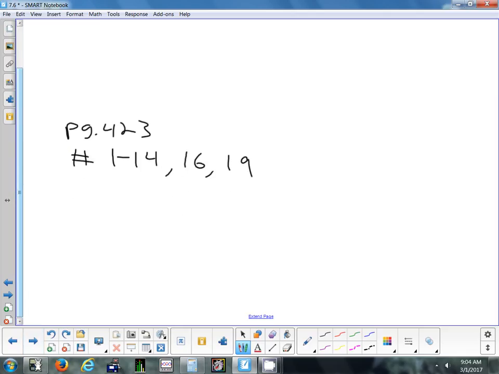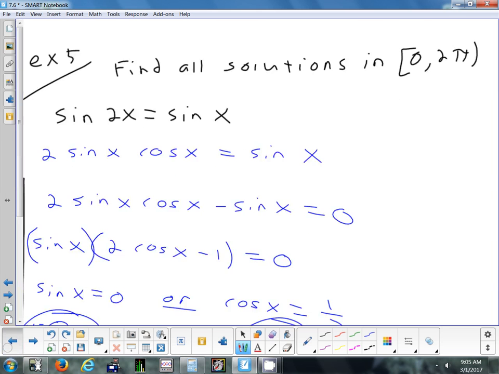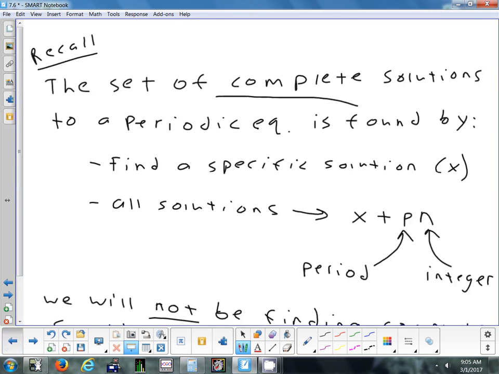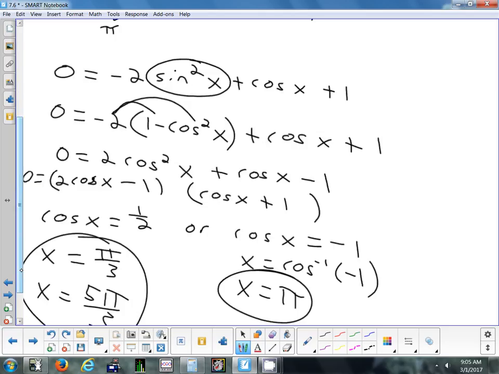Okay, so on the homework, let's see, on page 423. Problems 1 through 10 are easier than anything I did in class. They basically start you off at this step right here.